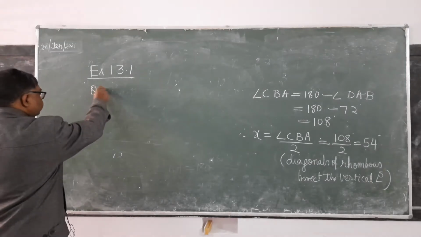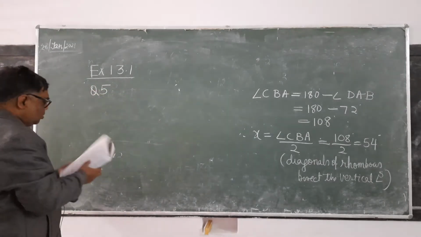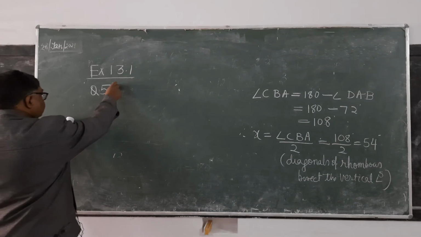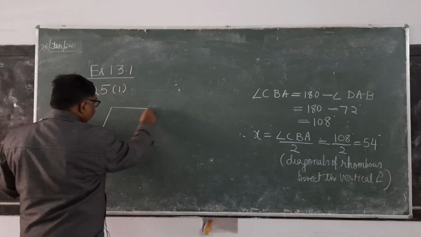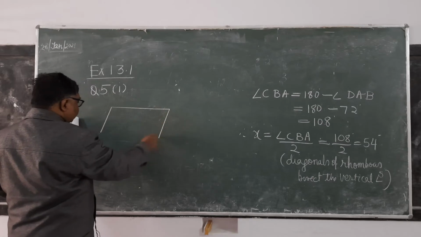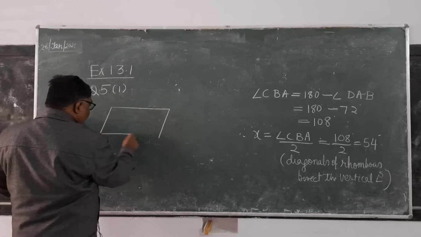Now question number 5. You can see question number 5. Here first part. What do you mean by perimeter? Sum of all the sides.